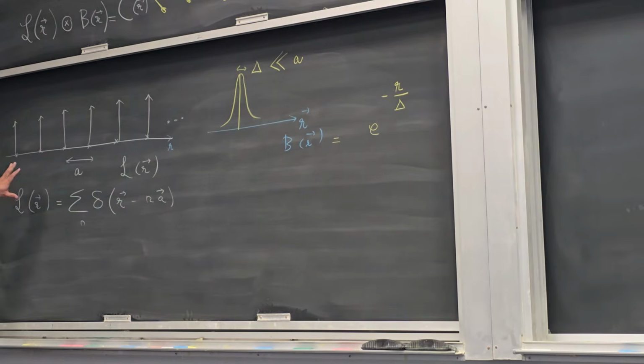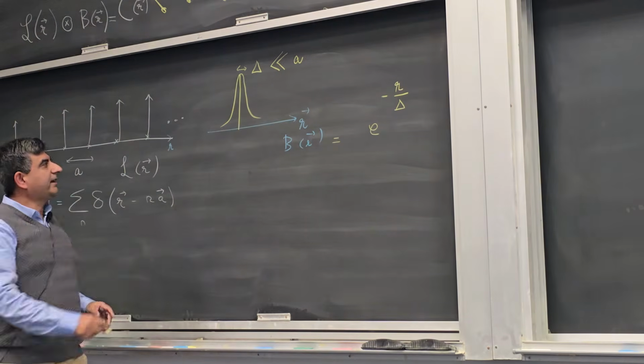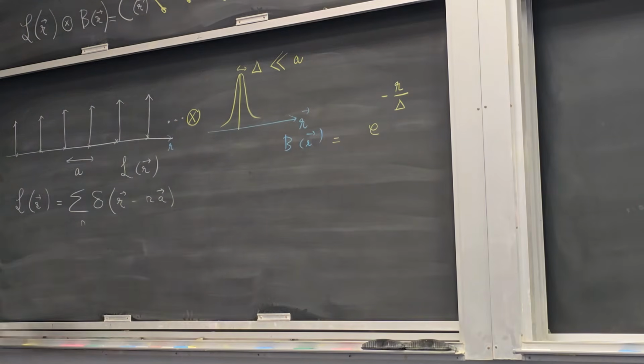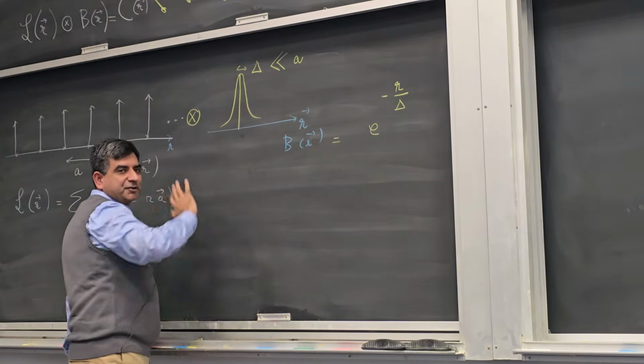So now I have two functions, one is a train of Dirac delta functions and the other is this Gaussian function, and I take the convolution of these functions. Just trying to describe what convolution physically and graphically means, what I would do is invert this function.